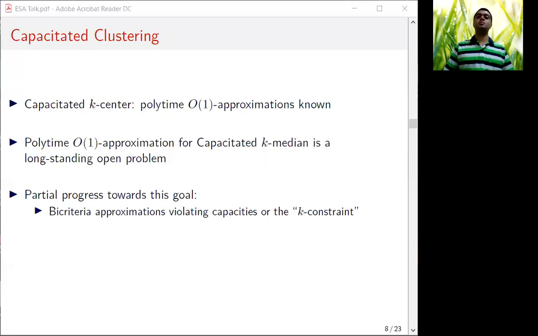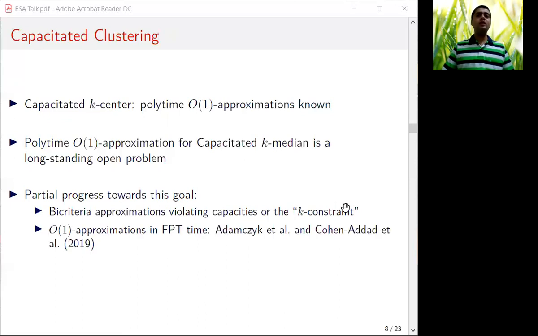a constant approximation. On the other hand, and this is a relatively recent approach, you don't allow for any violations in the original constraints of the capacitated k-median, but then the running time of the algorithm is not necessarily polynomial.